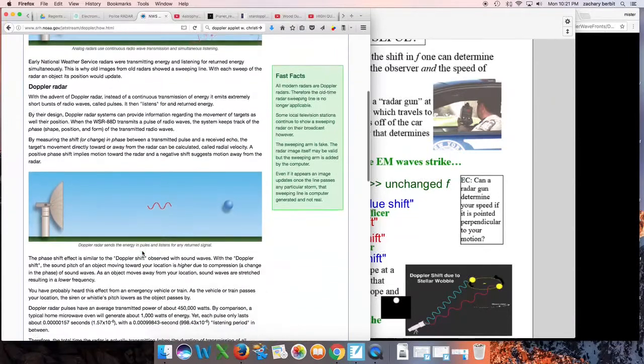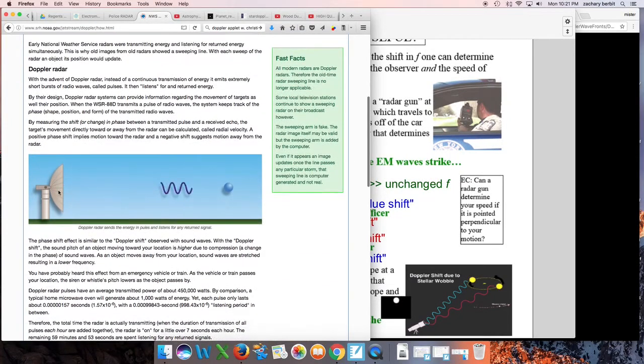And what it does is it actually sends a strong microwave signal, just like the radar gun does here for the police, but a stronger signal, out into the lower atmosphere. And like any wave, when it strikes a new medium, you have transmission, absorption, reflection. And so some of that wave will reflect. That's the part we're interested in.